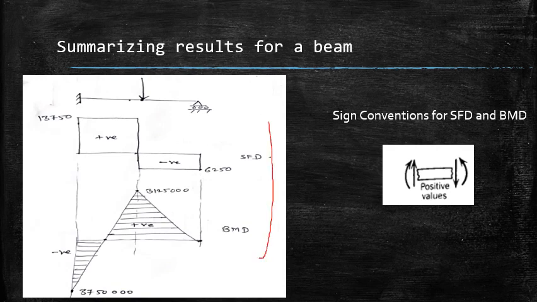Please note that we have used the sign conventions for constructing SFD and BMD from the strength of material theory. And kindly note that the sign conventions we have used for representing force and moments in our finite element method are different from those we have learned in strength of material. Here I have used the strength of material sign conventions for construction of SFD and BMD.